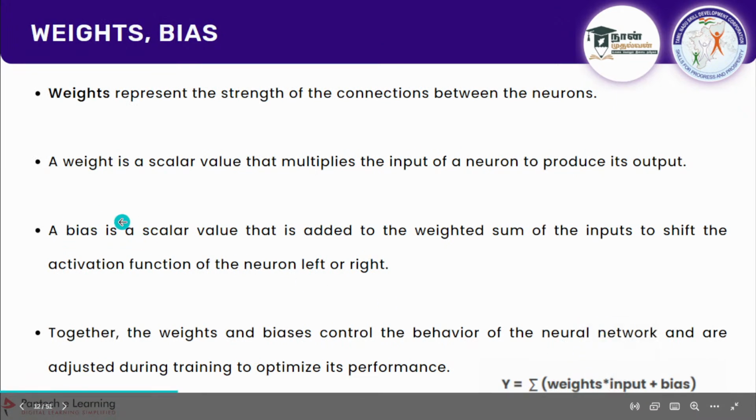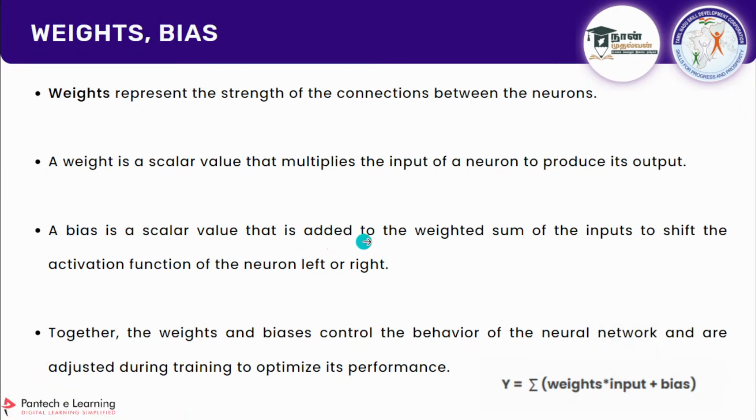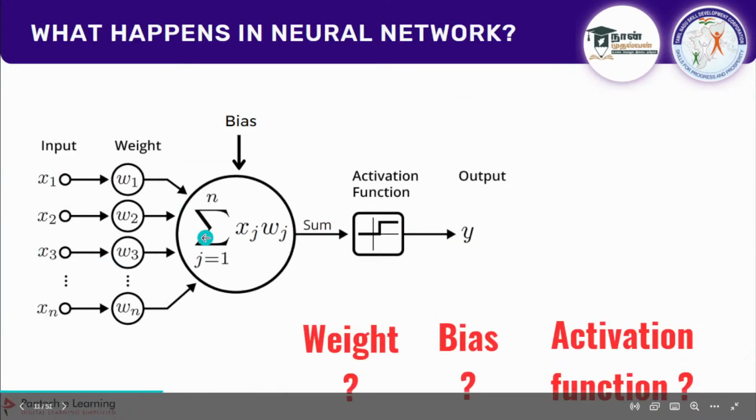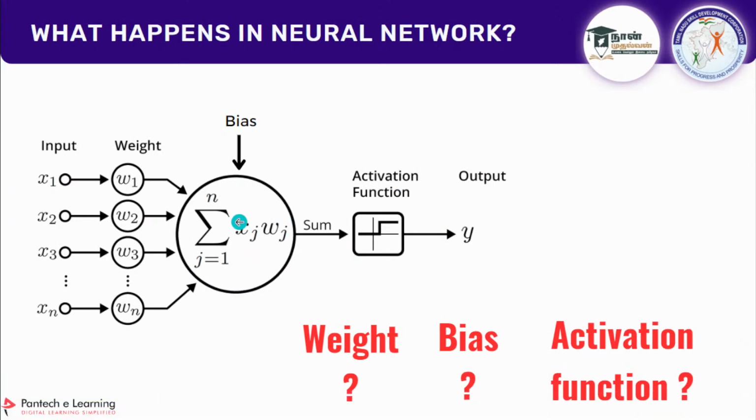And what is bias? Bias is a scalar value that is added to the weighted sum of the inputs to shift the activation function. Together, weight and bias control the behavior. Once you multiply with weight, it adds all of those: x1w1, x2w2, all of them get added. This is the summation. Once it is added, some bias is added. The bias is a constant value.